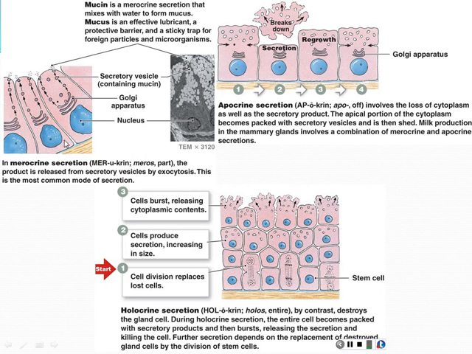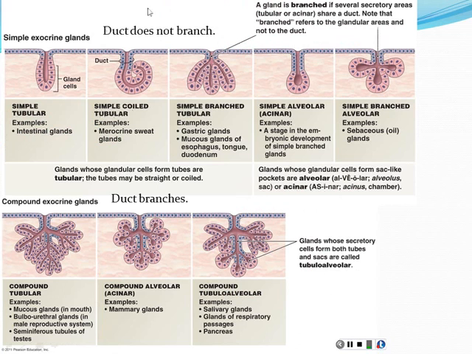So most of the body's glands produce it in this way. Whatever is being made is produced in the endoplasmic reticulum and the Golgi apparatus, packaged into vesicles, and then released onto the surface. And this surface is either going to point towards the blood vessels in an endocrine gland or towards a surface in the exocrine gland. So apocrine, holocrine, and merocrine.